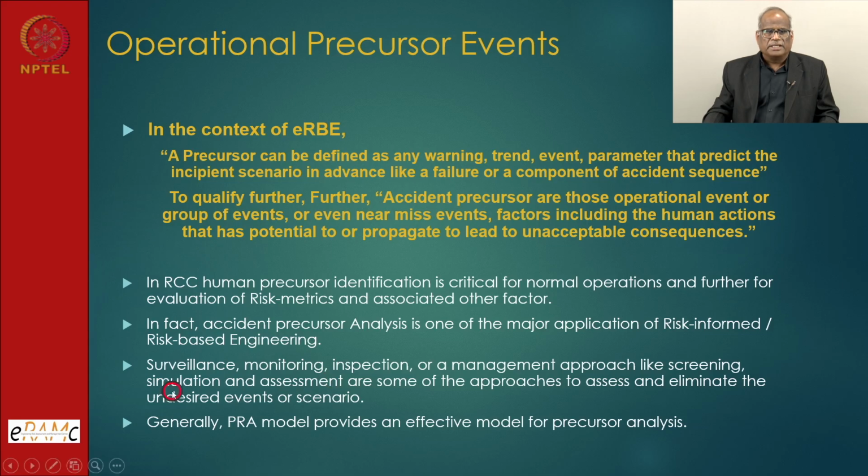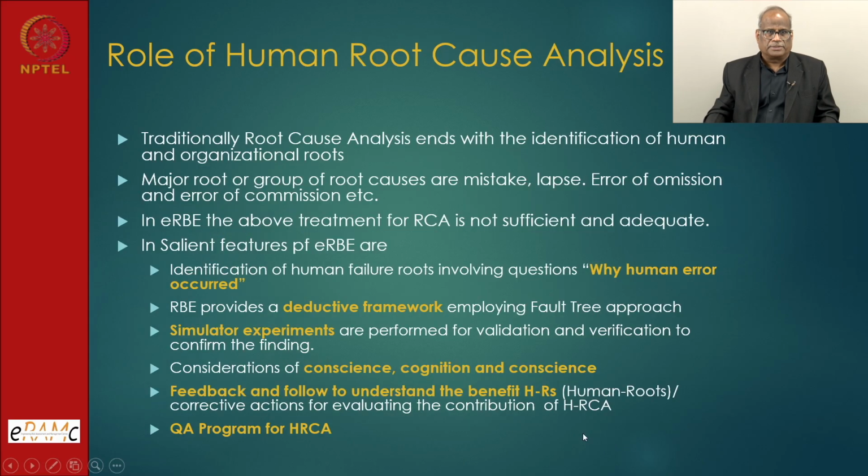Generally, if any accident happens, the PRA model provides a very good framework for precursor analysis. What would have been the root precursor for that failure? The same thing applies to human root cause analysis.